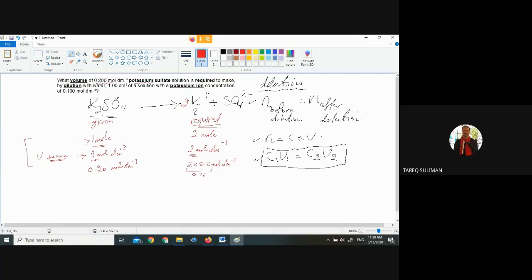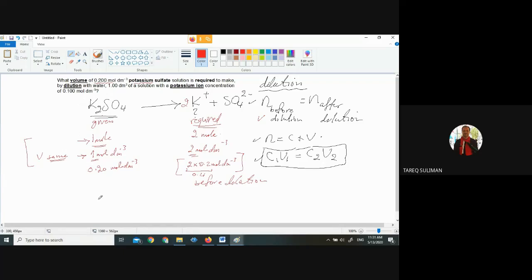Now we have the concentration of K plus before dilution. To start the calculation, we need to know before dilution to know after dilution. What volume of this is required to make by dilution with water 1 decimeter cube of concentration this?